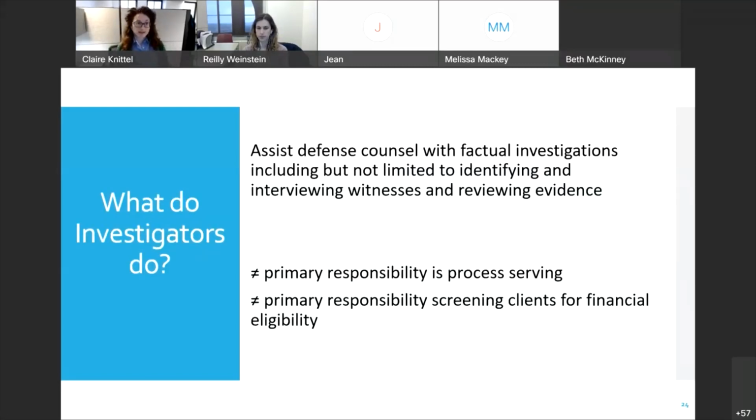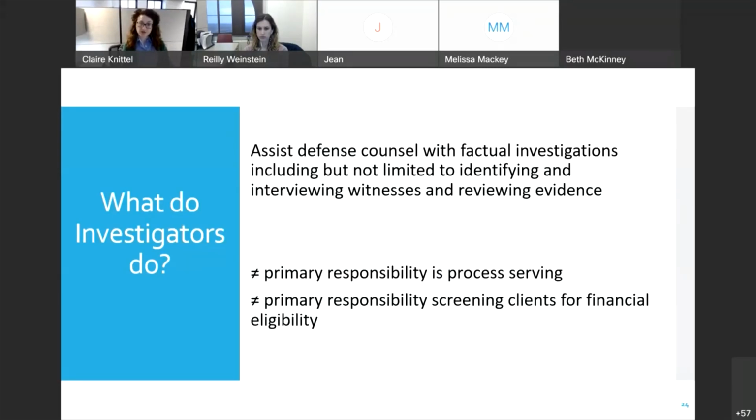So a note about investigators. They're generally easy to identify, but we want to take a minute to talk about the kinds of activities that investigators are doing that should be reported. So you'll note that this definition matches the ILS 195 definition. We are looking for investigators who assist defense counsel with factual investigations, including but not limited to identifying and interviewing witnesses and reviewing evidence.